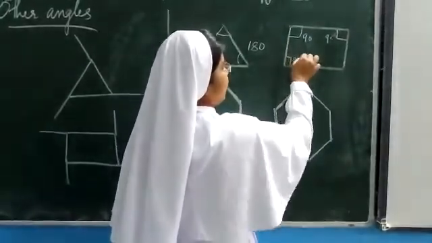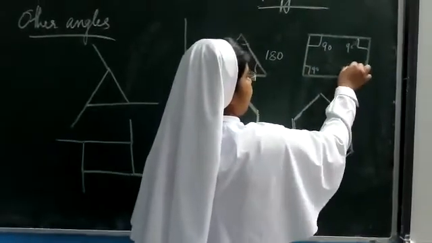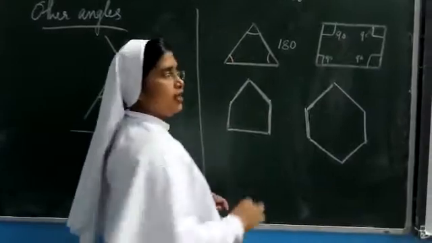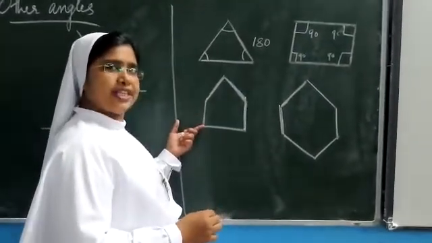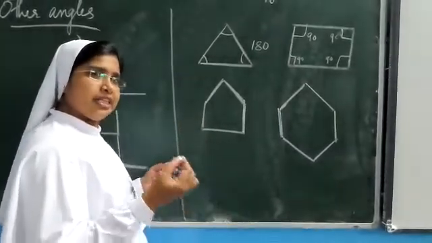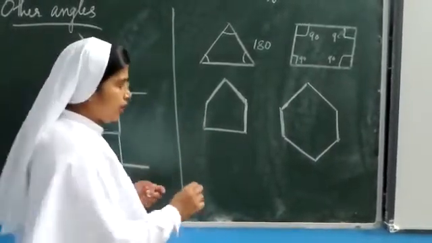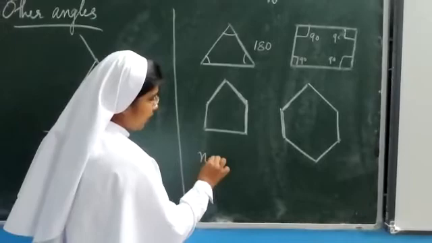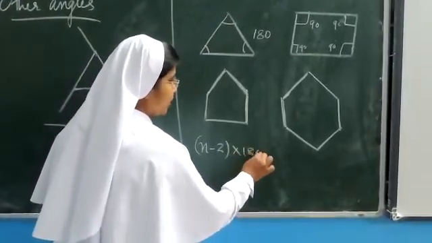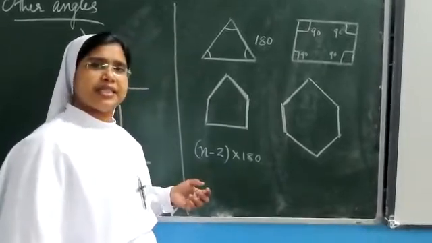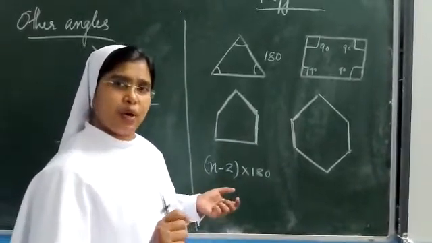Here also 90. Here also 90. So what is the total? 360. And here also how will you find out the sum? We learned the sum of the angles of a polygon. The equation is n minus 2 into 180. Okay. So that is the sum of the angles in a polygon.